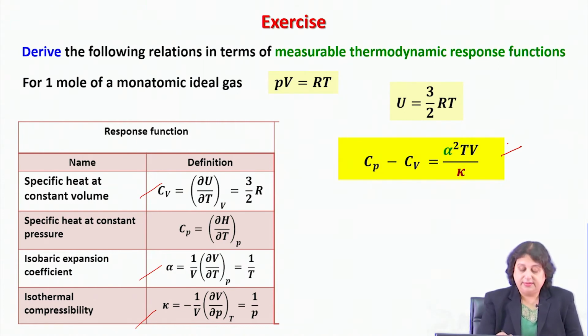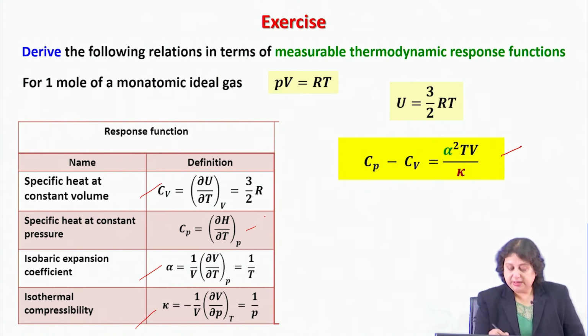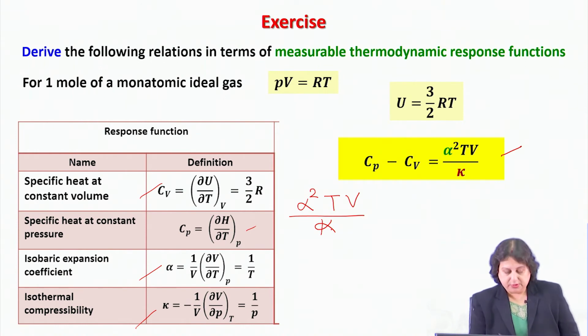I can directly find out what Cp is going to be for an ideal gas. Now, let me write down what alpha squared Tv by kappa is. What is alpha? Alpha is 1 by T, so alpha squared is 1 by T squared, multiplied by T into V divided by kappa.